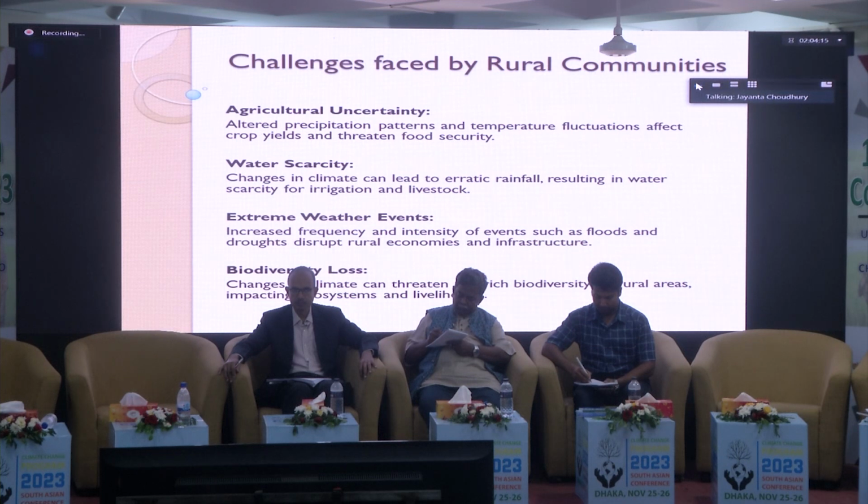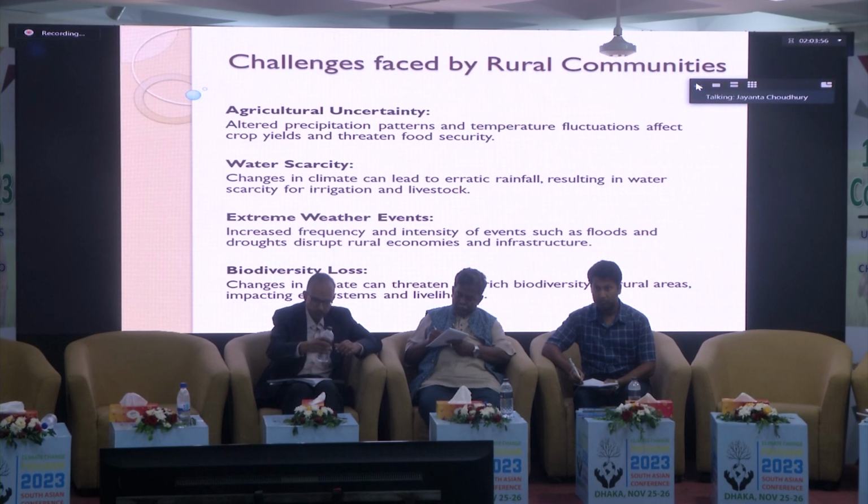But as concerns issues related to climate change, what will be the major issue? First, definitely agriculture. You know that this is the backbone of the rural economy, directly farming, and even the non-farm activities which are related to agriculture.